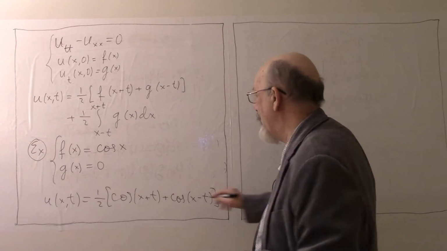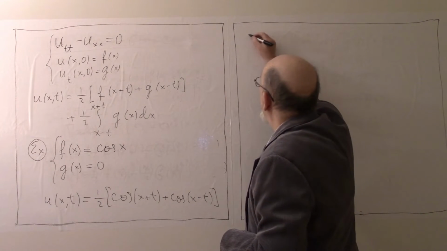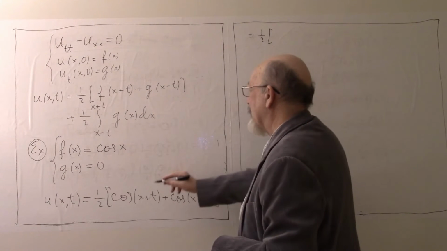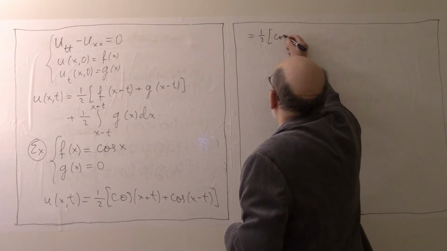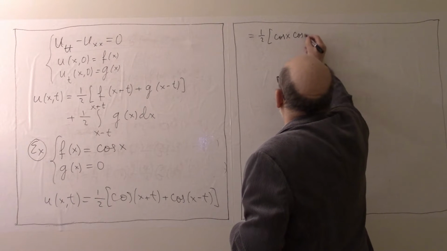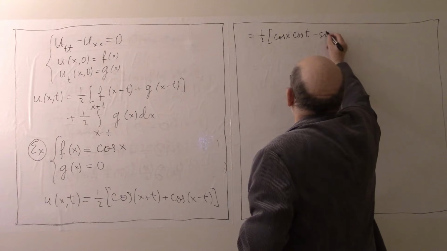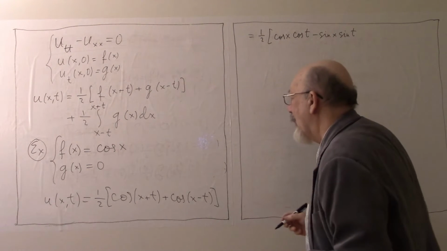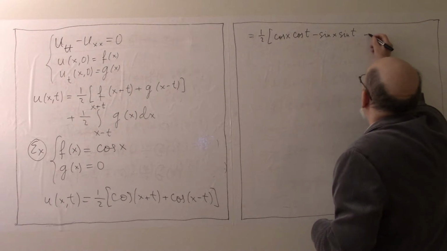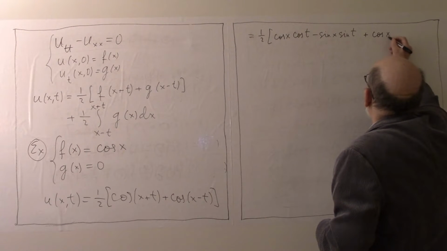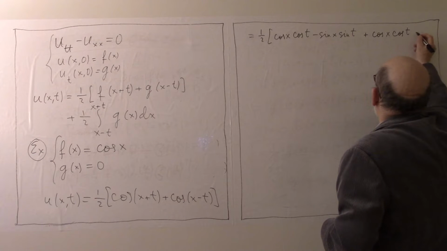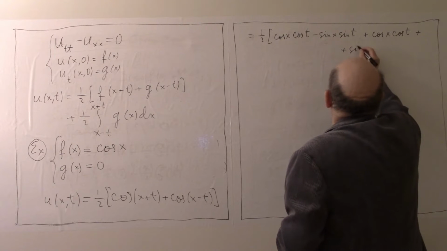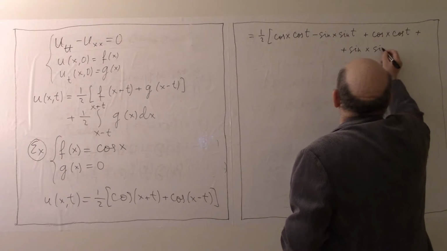Now let us transform it and simplify: 1/2 of cosine x cosine t minus sine x sine t, plus cosine x cosine t plus sine x sine t.